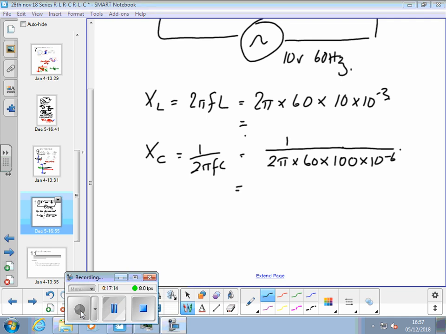So, as we've already calculated, this was 26.5 volts, and this was 3.77.